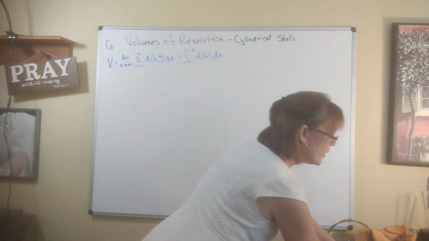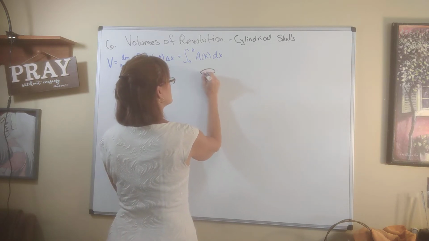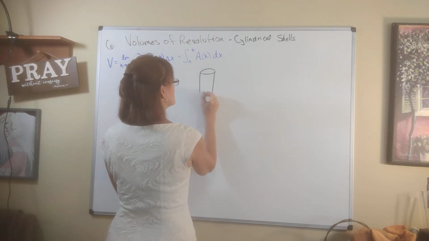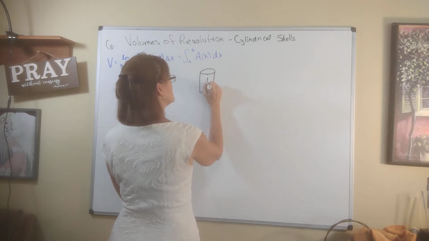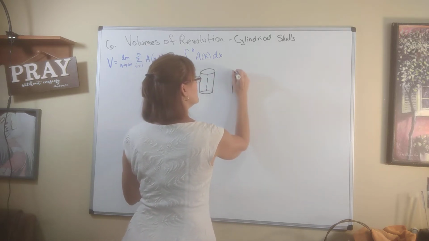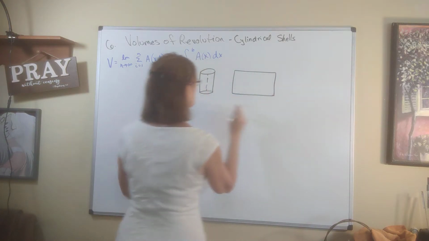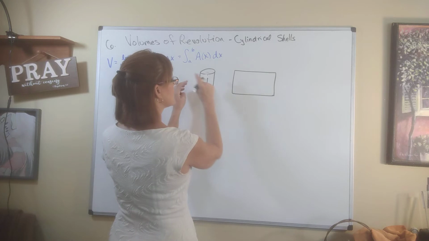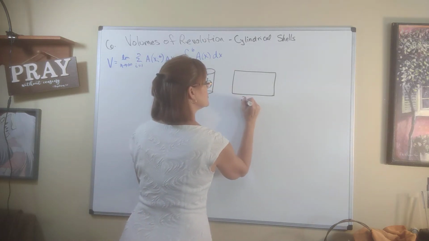So when we calculate the area of a cylinder, if you cut it open like I just did, you lay it open, you're going to get a rectangle. We unroll it. So this length right here is the circumference. So this is 2 pi r.